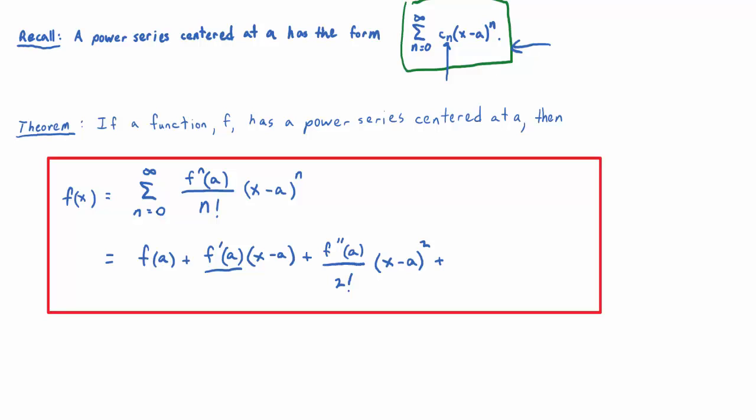What's the third term going to be? Okay, you can use 3 primes, but I'll use just the 3. So that means the third derivative of f evaluated at a, over 3 factorial, right? Times the quantity x minus a to the third power, and then so on and so forth.